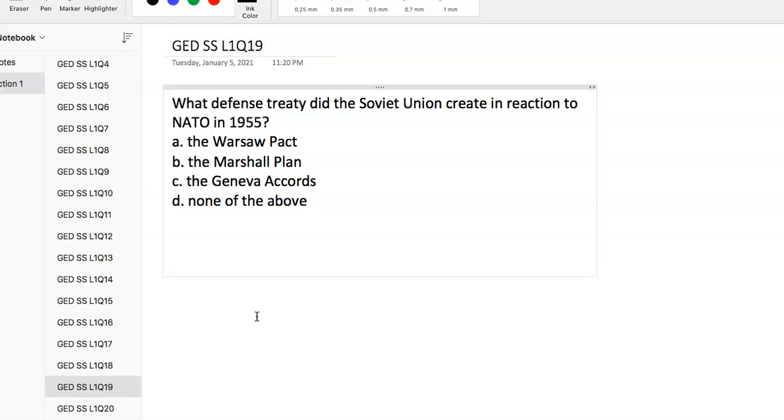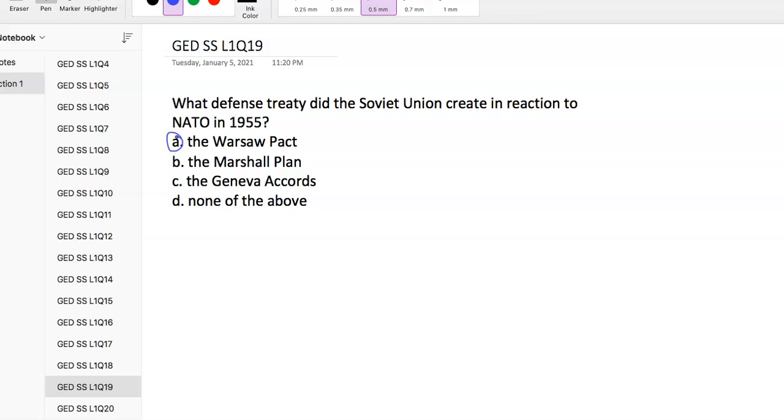What defense treaty did the Soviet Union create in reaction to NATO in 1955? A tougher question for level 1, but we are getting here towards the end of level 1. A little information here about the Warsaw Pact. The Warsaw Pact put the Soviet Union in command of the armed forces of the member states.